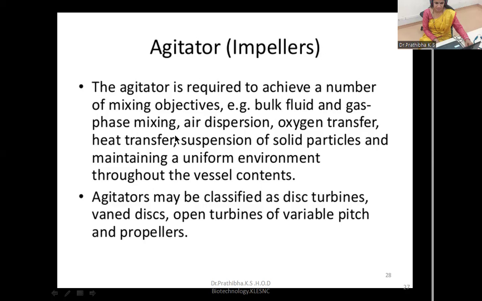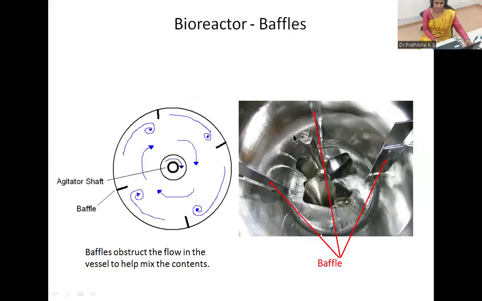The process is known as agitation. The agitators may be classified as disc turbines, vane disc, open turbines, variable pitch, and marine propellers, or you can write in short, propellers. You can write this for 2 marks. You can elaborate the same information for 5 marks also. I hope you understand. Okay, fine. This is all about the agitator.